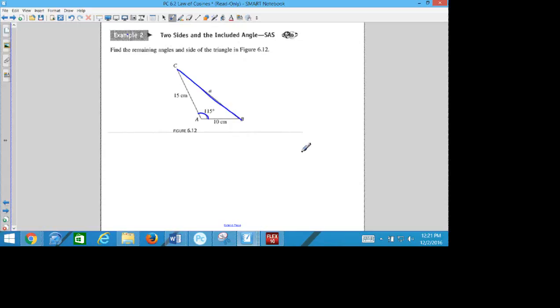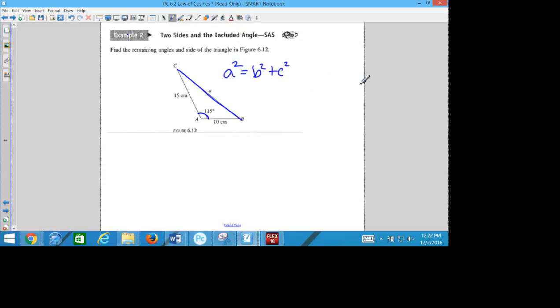The law of cosines formula has A, B, and C, so it should be easy to just copy the formula. But I'm going to talk through where everything is in the formula. It starts with the side you don't know, squared. And it kind of starts out looking like the Pythagorean theorem: A squared equals B squared plus C squared.